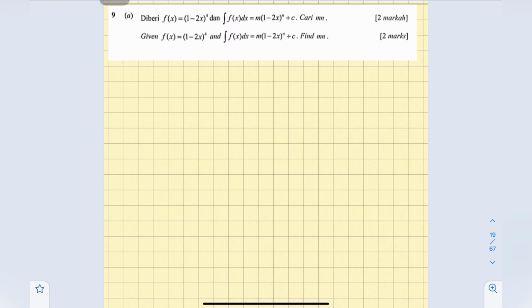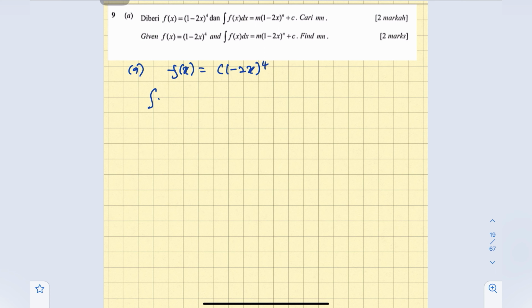9(a) Given f(x) equals (1 minus 2x) power of 4, and the integral of f(x) dx equals m times (1 minus 2x) power of n plus c. Find mn. Okay, so start from the given f(x) equals (1 minus 2x) power of 4. Then we try to integrate both sides with respect to x.